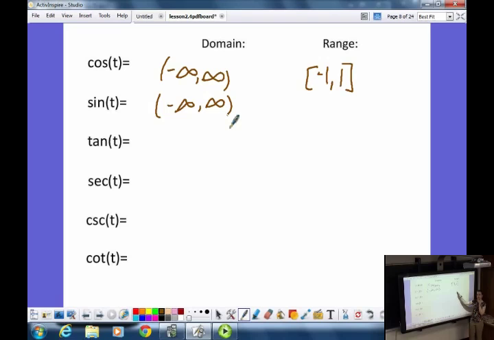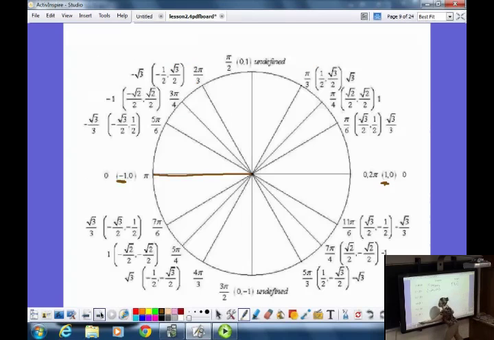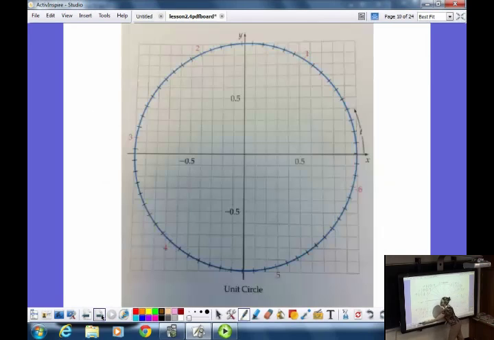What do you think the range is for sine of t? Yeah, the same. So if we go back to the unit circle, look at our y-axis, because that's what sine of t is related to in a unit circle. What's our minimum value? Negative 1, right. What's our max value? Positive 1, right.